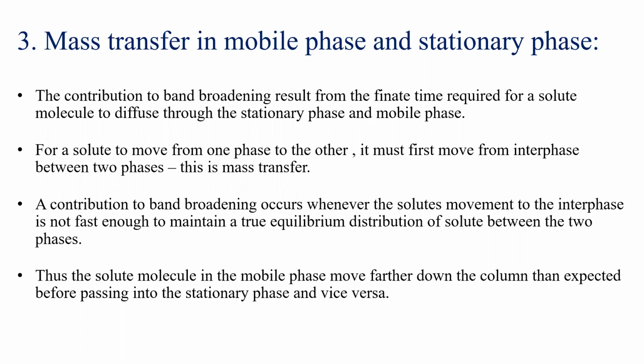So for the solute to move from one phase to the other, it must first pass through an interface between the two phases, and this is known as mass transfer. A contribution to band broadening occurs whenever solute movement to the interface is not fast enough to maintain a true equilibrium of solute between the two phases. Thus, the solute molecule in the mobile phase moves farther down the column than expected before passing to the stationary phase, and vice versa.